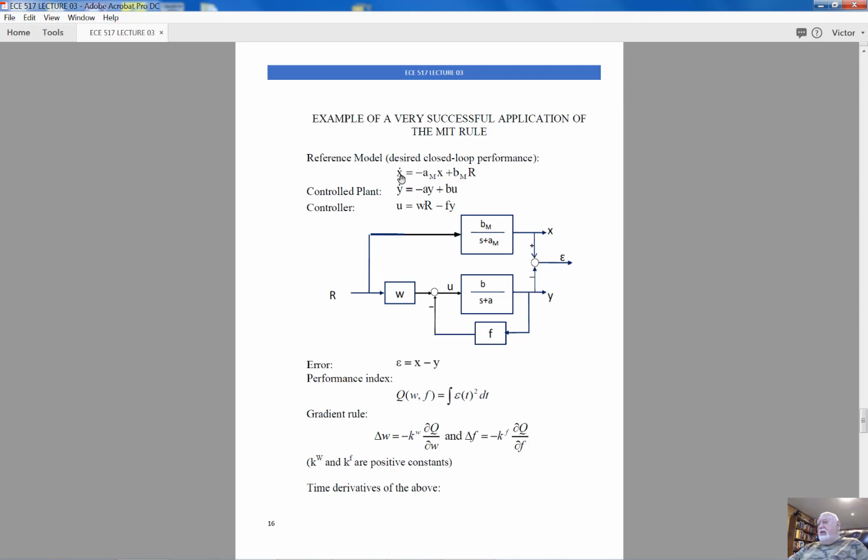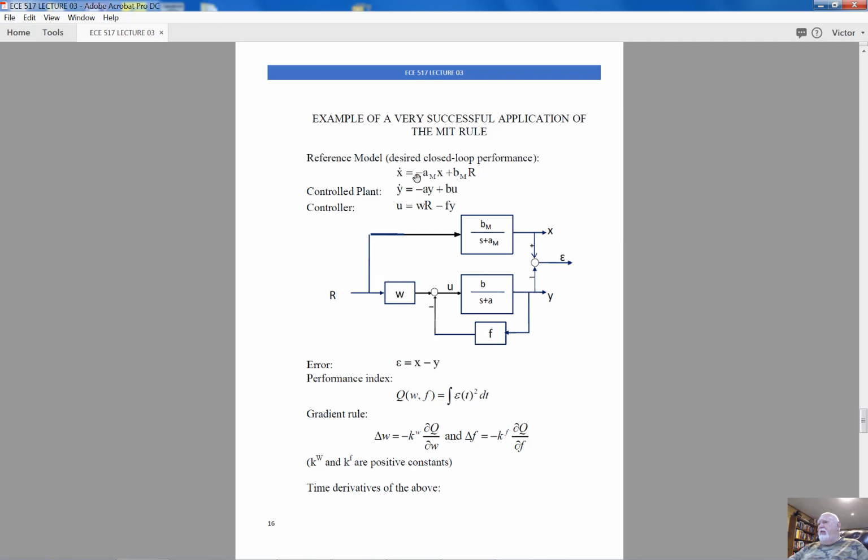Okay, actually it's a first-order system, but I wrote its equation as I would be writing the state variable form, state equation. Look, derivative of the output or state is equal to fundamental matrix, it's minus AM times X plus matrix B times input reference signal R. Very simple differential equation.